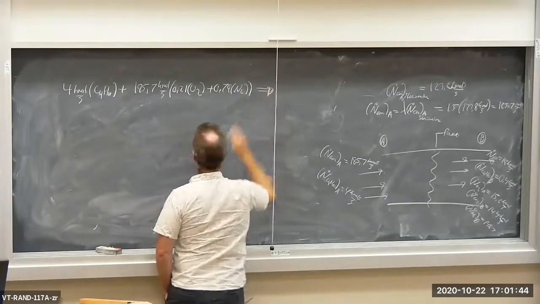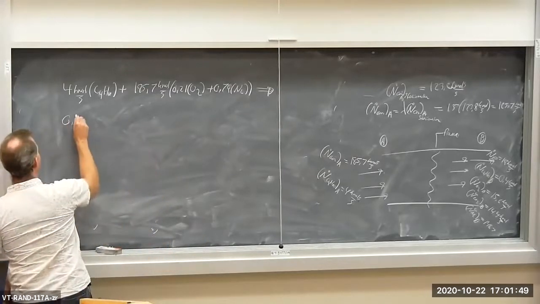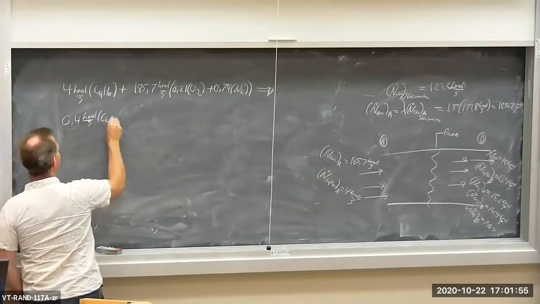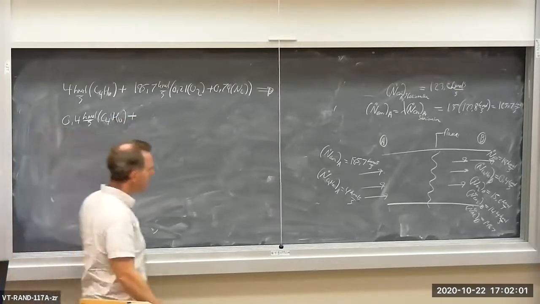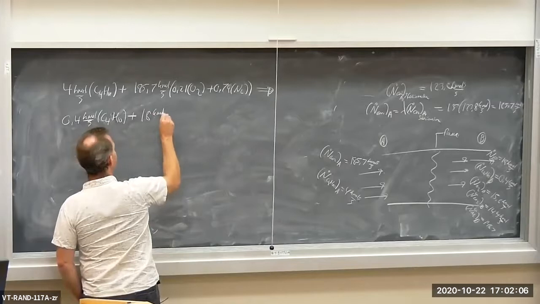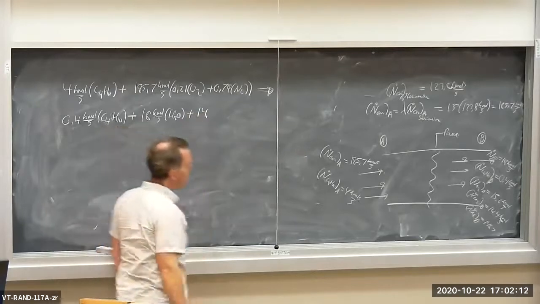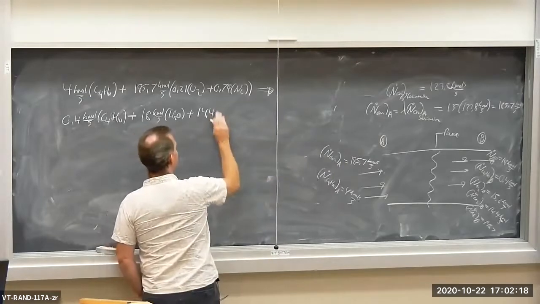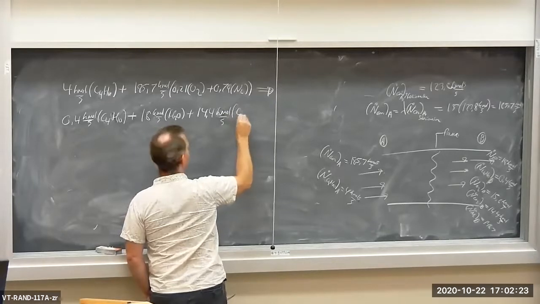reacts to form 0.4 kilomoles per second of C4H10. That's unburnt fuel. Then I've got 18 kilomoles per second of H2O plus 14.4 kilomoles per second of CO2.